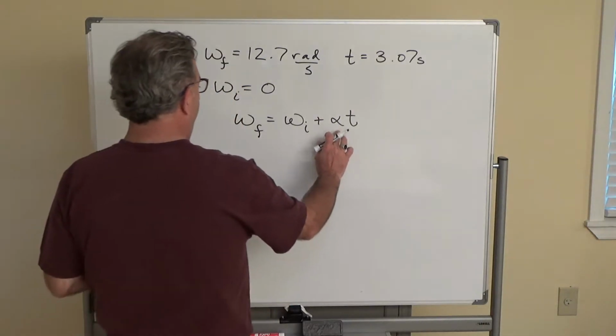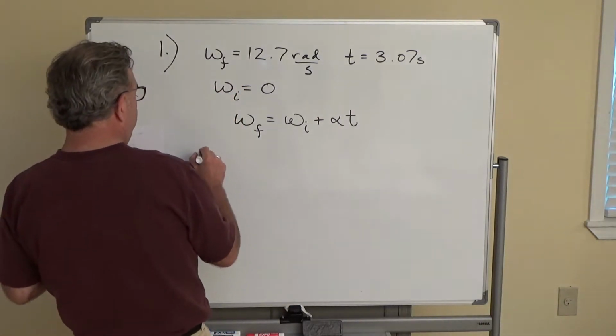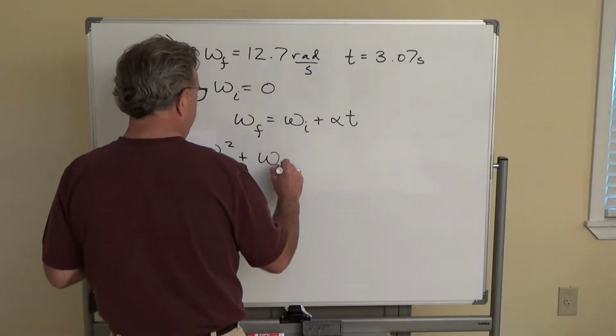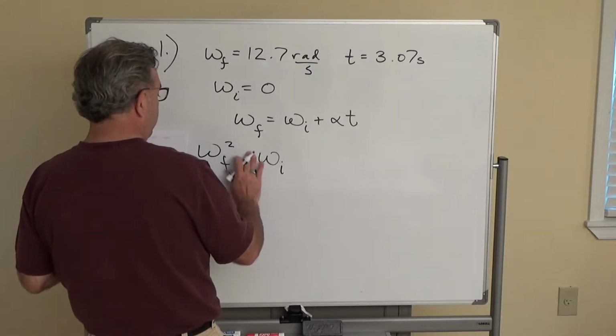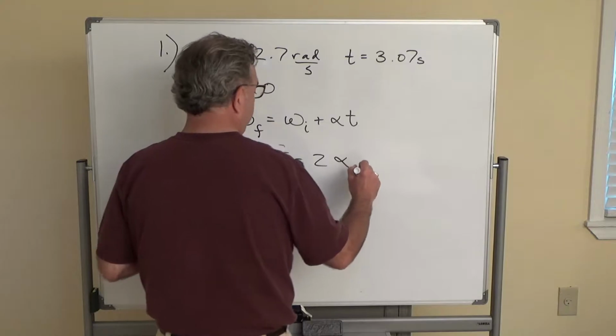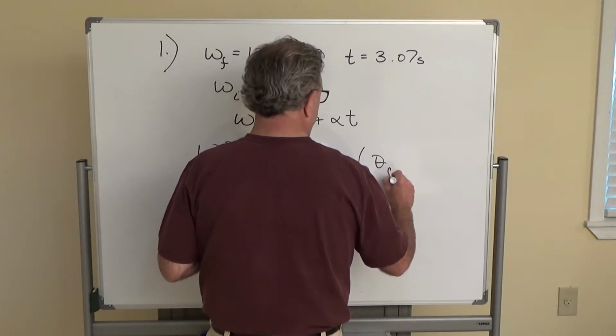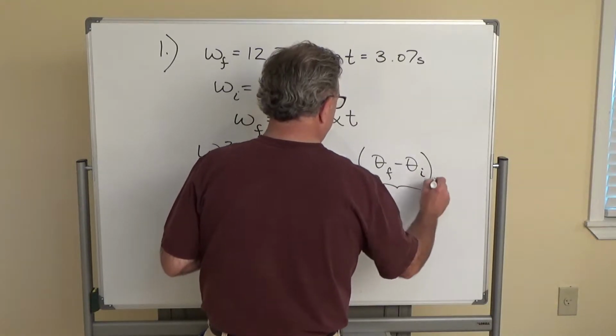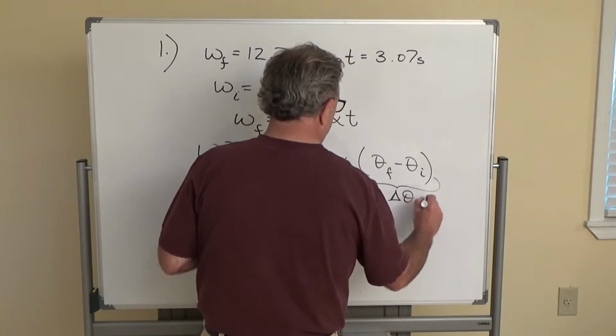So once you have alpha, you can use omega final squared minus omega initial squared is equal to 2 alpha times theta final minus theta initial, and this is delta theta.